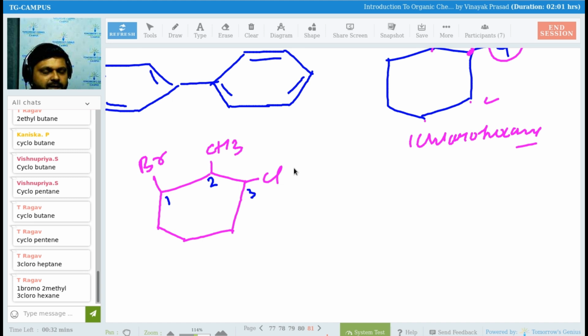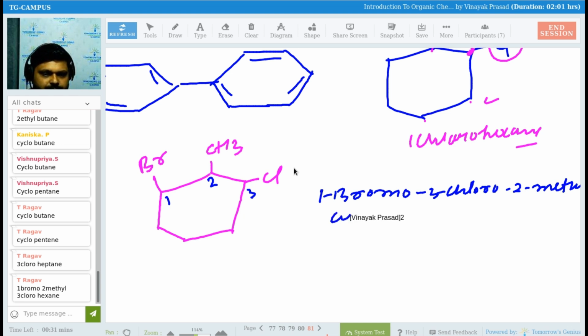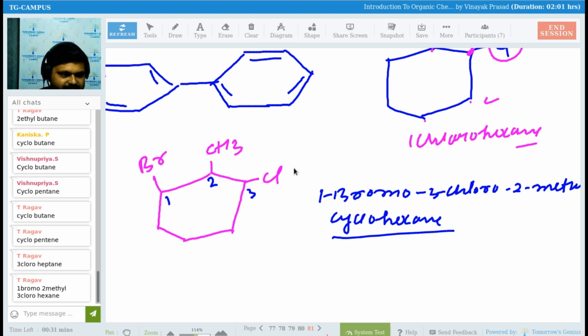When we write the name, we have to take care of the alphabetical order, right? So what will be the name for this? 1-bromo, 3-chloro, 2-methyl cyclohexane. Sorry, 1-bromo, 3-chloro.